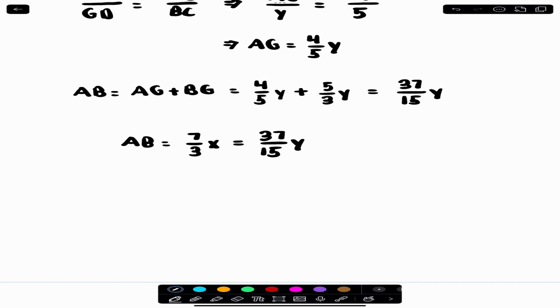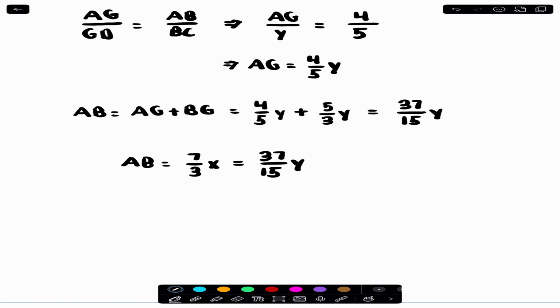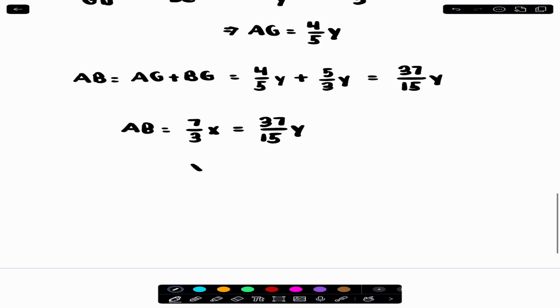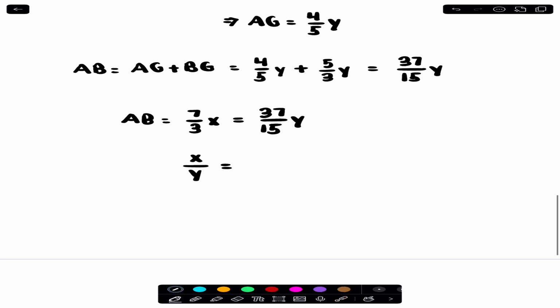And now, here comes the finisher. The cool thing I want to show you is we can find the ratio x over y directly. We don't need to know what x and y are individually. It's just from this equation, just a little bit of rearranging should finish the problem. Let's make sure we do this correctly.